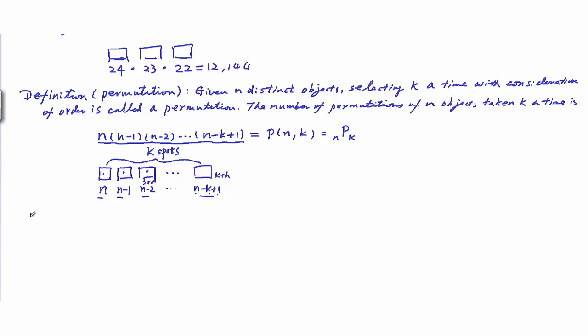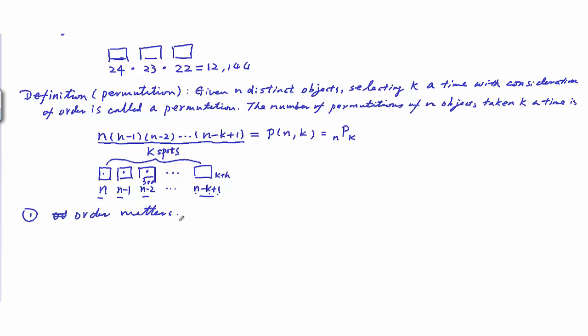So for permutation, we need to see this carefully. First, when we talk about permutation, we need to pay attention to the order. So the order matters.